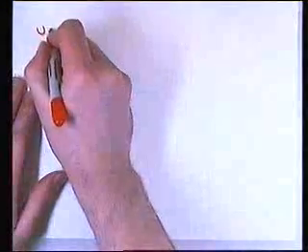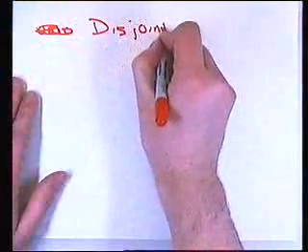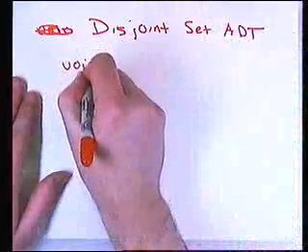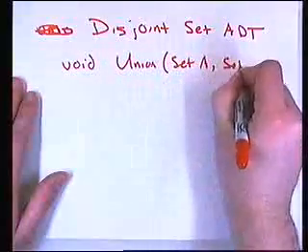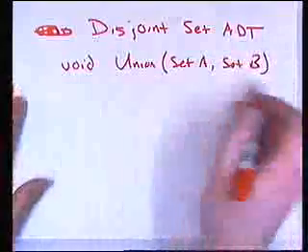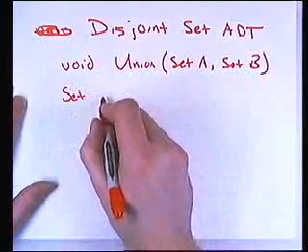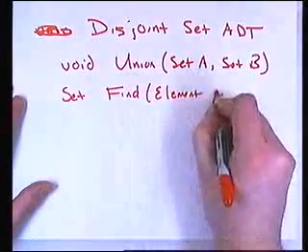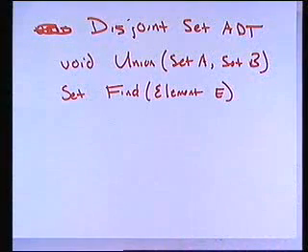So here we have the disjoint set ADT. It basically consists of two core operations: union, where we have here set A and set B, however they happen to be notated, and also returning some name of some set, and then find, with some element E. Now, in practice, the particular parameters we'll pass in will be slightly different because it'll depend how we're notating our sets, how we're notating our elements, and so on.